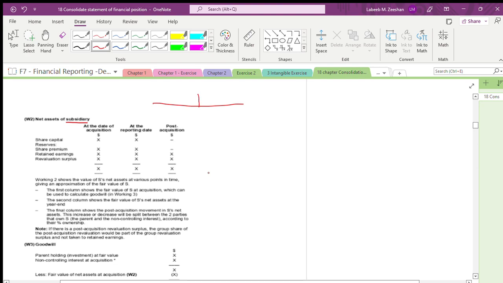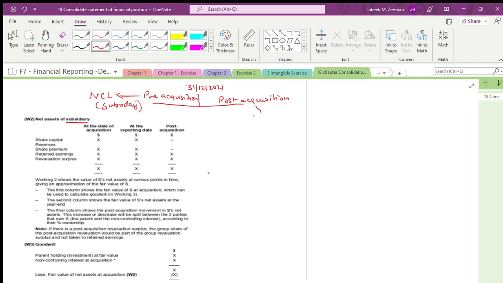You are buying, taking into consideration 31st December 2021. These profits are called pre-acquisition, and these profits are called post-acquisition. Pre-acquisition profits belong to the non-controlling interest, to the subsidiary only.